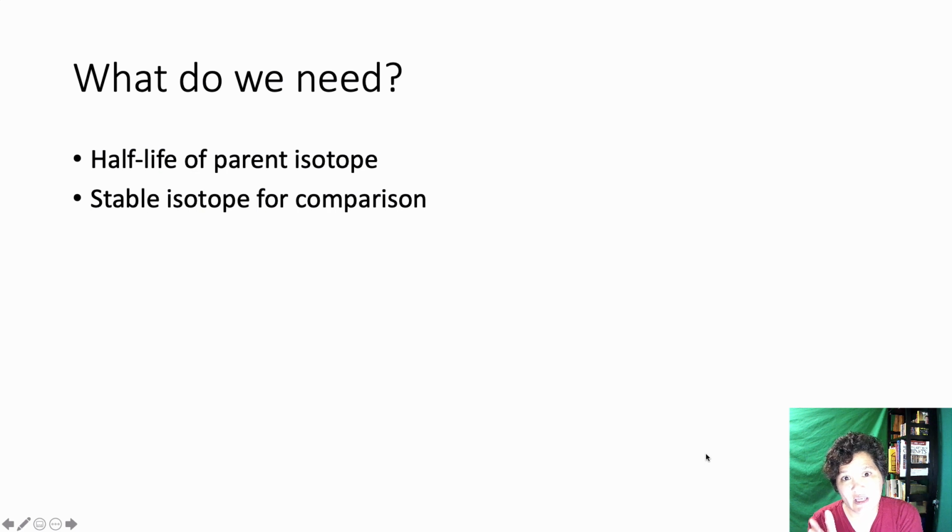Just like we did with stable isotope analysis, where we always compared the isotope we were measuring for fractionation with a more common isotope of that element, we are going to do the same thing here. So we always need that stable isotope, something where we can say, hey, we know the concentration of this thing and it's not changing.